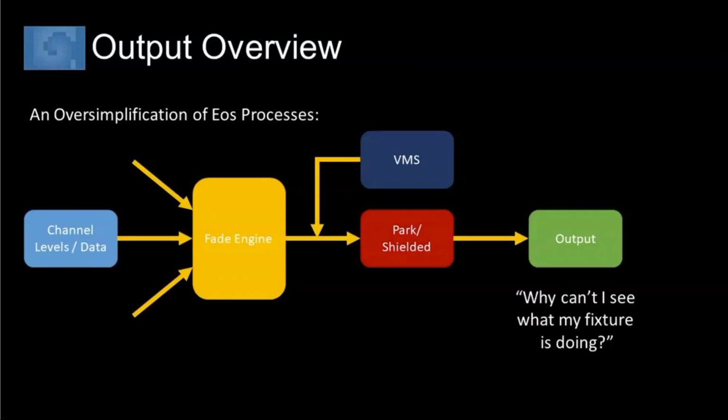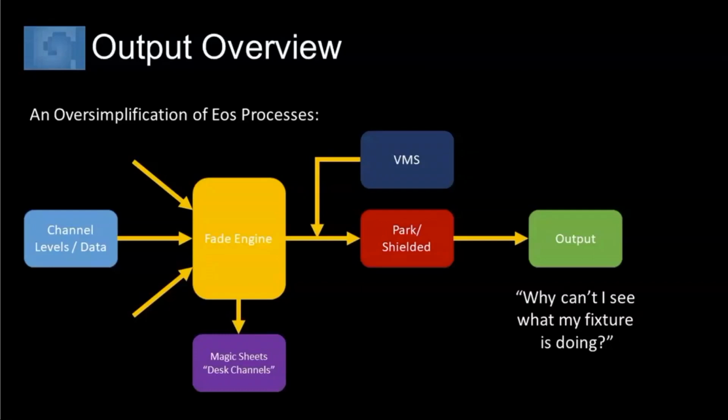So inside the desk, I have no way to see what everything's going on. I look at my Magic Sheet, and it's not showing me what my virtual media server is doing. That's because Magic Sheets are displaying desk channels. They're displaying the contribution of things from the fade engine, right?